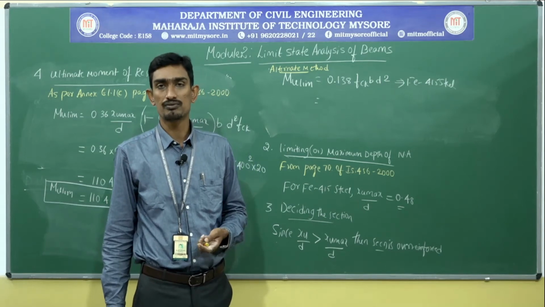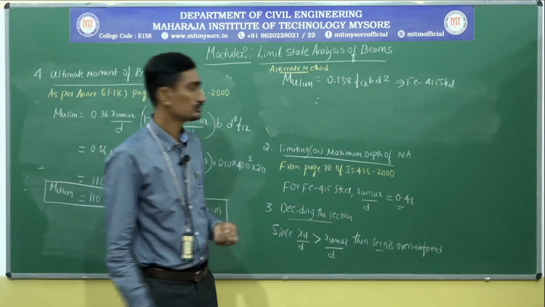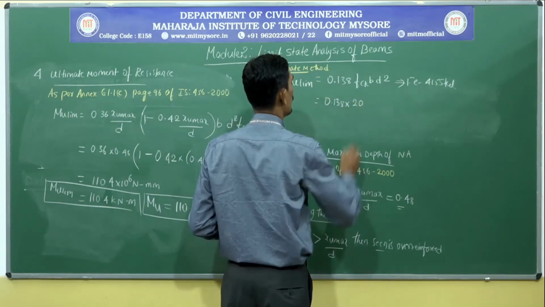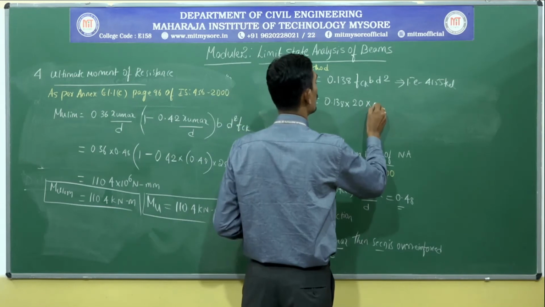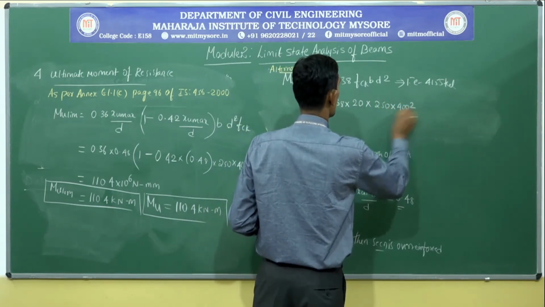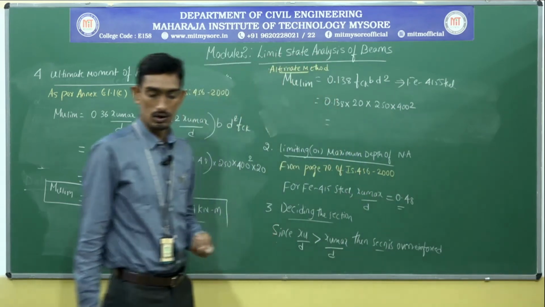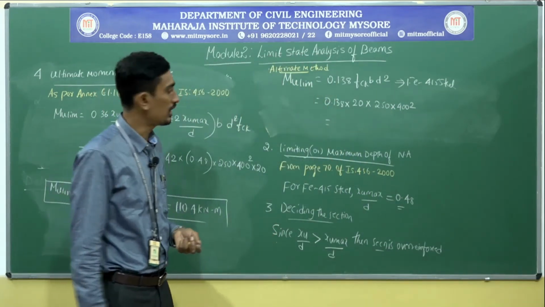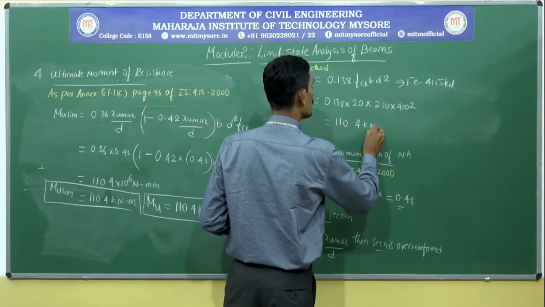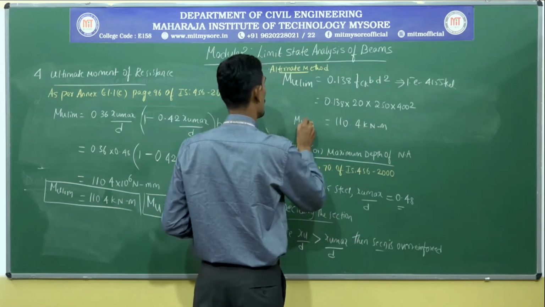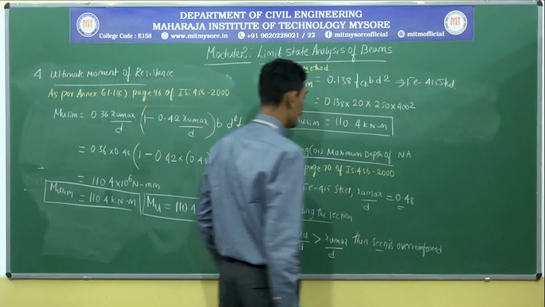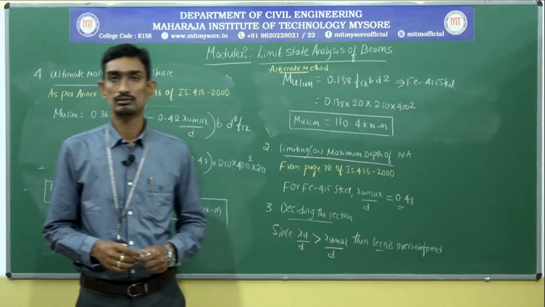Now it is Fe415, so I am going to use this formula. 0.138 into 20, into B which is 250, into effective depth 400 square, and you are going to get the same answer, that is 110.4 kilonewton meter, or I can say 110.4 into 10 to the power of 6 Newton millimeter.